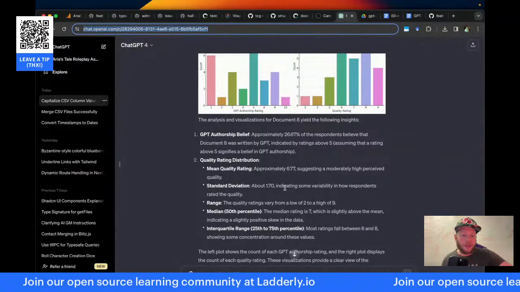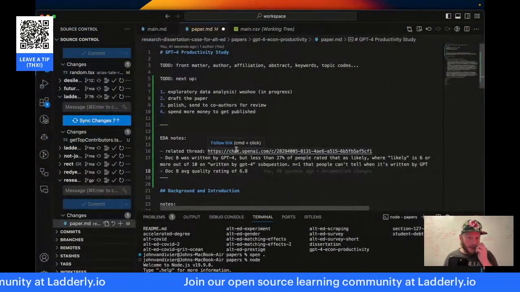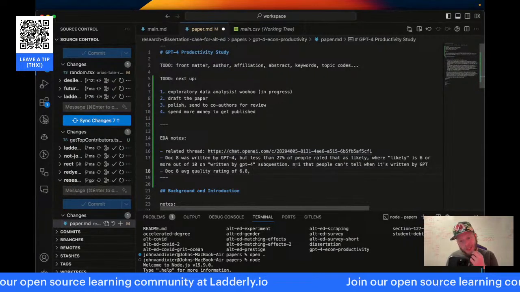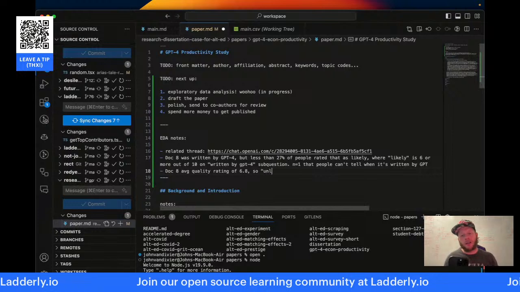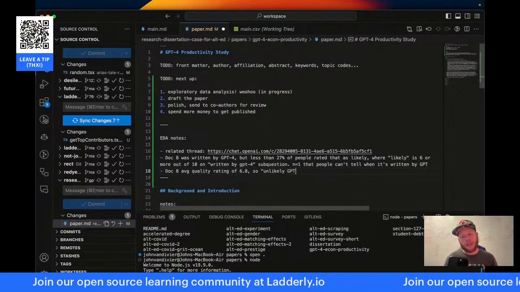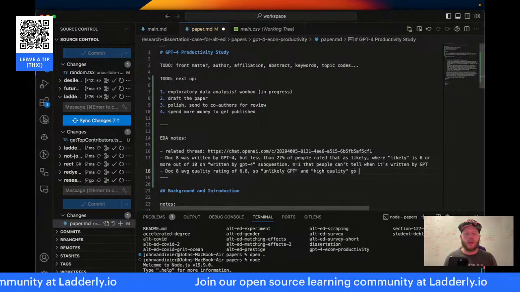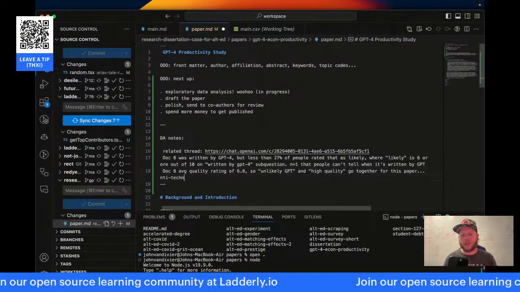Okay. Average quality rating of 6.8. So unlikely GPT and high quality go together for this paper. Anti-technology bias.